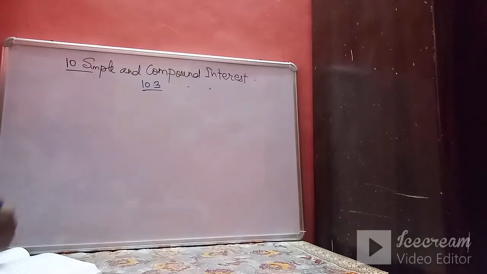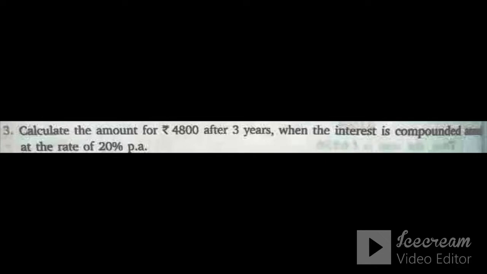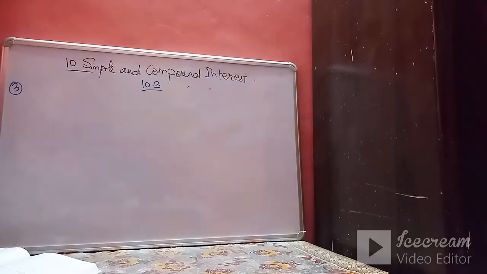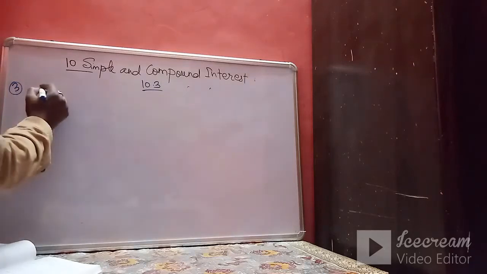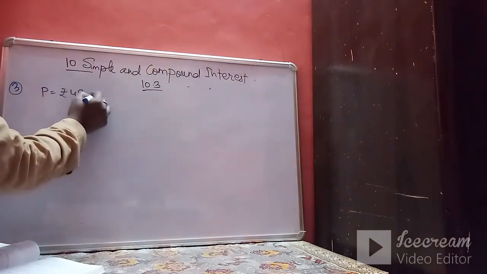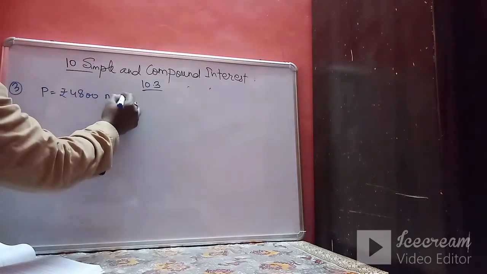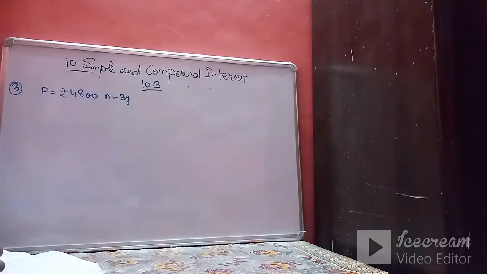So let's see one more question. Question number 3, suppose. Calculate the amount for rupees 4800. So P is rupees 4800, after 3 years, that is n is 3 years. Okay, n will always be the number of years.